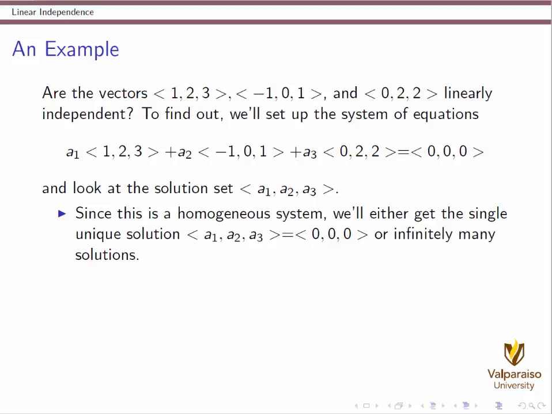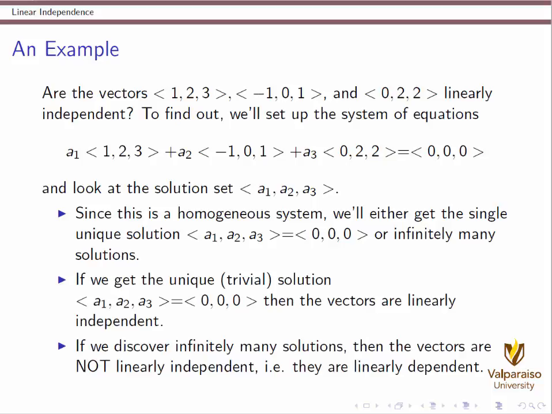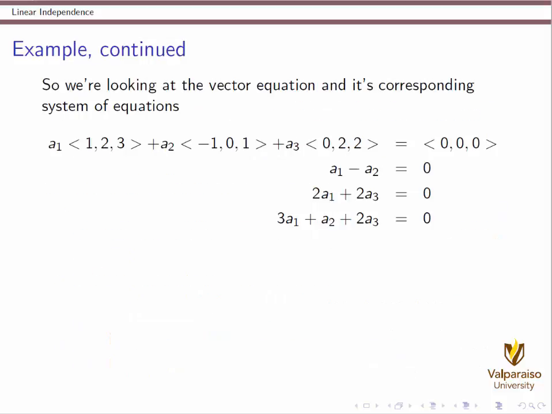And so this will help us decide whether or not the vectors are linearly independent. If we do get that unique trivial solution, then the vectors are linearly independent. And if we discover that there are infinitely many ways for this equation to work out, then those vectors are linearly dependent. So this is how that breaks down.